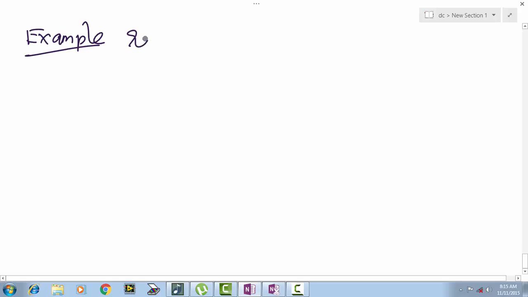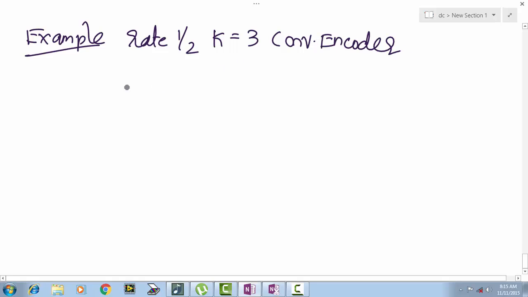For the rate 1/2, capital K equal to 3, convolutional encoder, we will be encoding the message sequence 10011. This is the message sequence. And from the previous discussion, the encoder is having two outputs and two generator sequences.